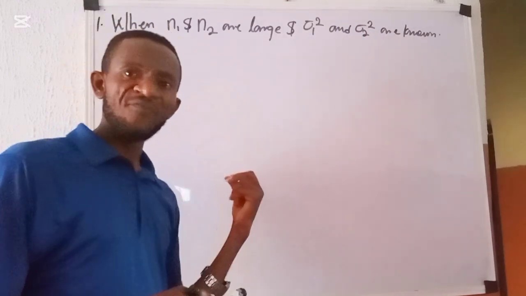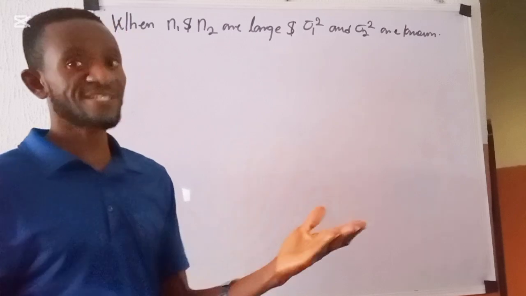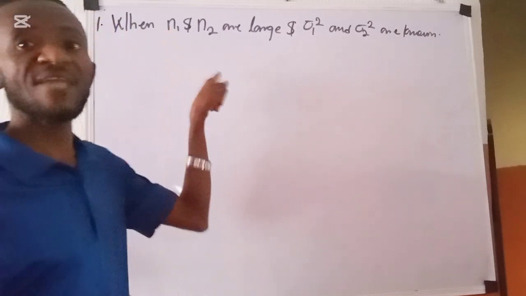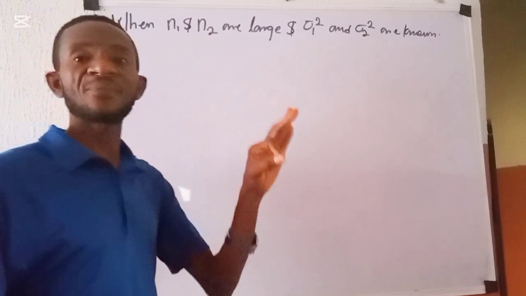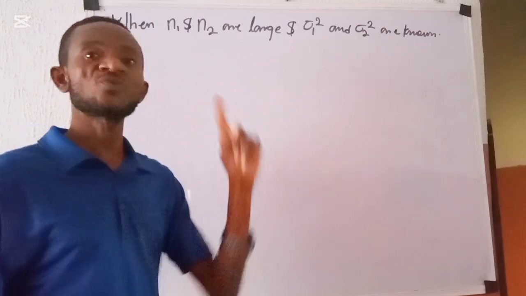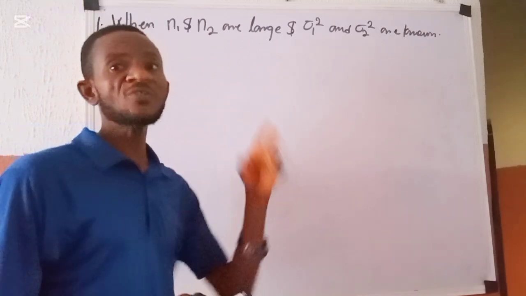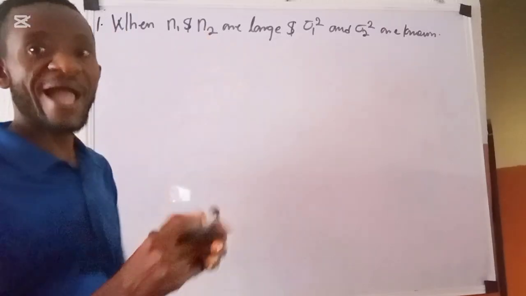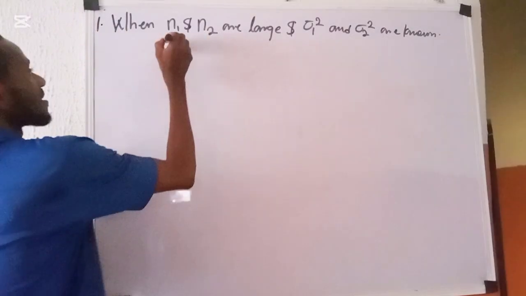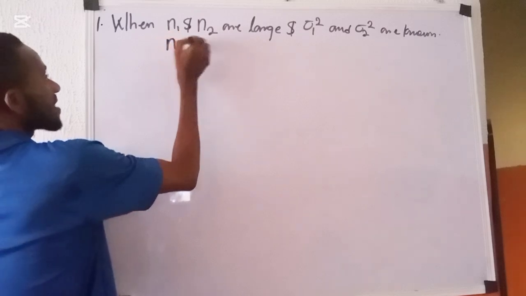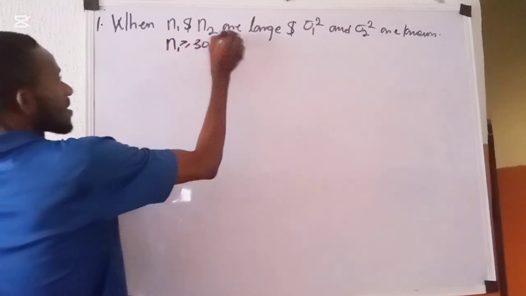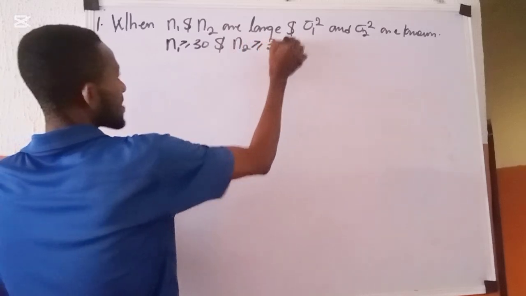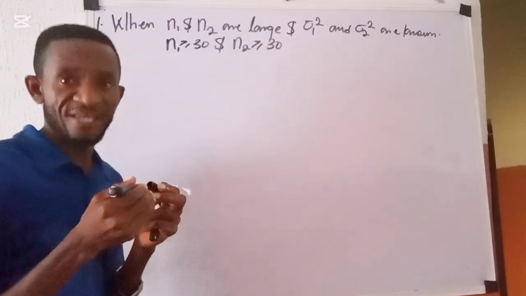And in one of our previous videos, we already had stated that we refer to the sample size n to be large when that sample size n is greater than or equal to 30. So for us to say that N1 and N2 are large here, we are implying that N1 is greater than or equal to 30, and N2 is greater than or equal to 30. That is what we are implying here.